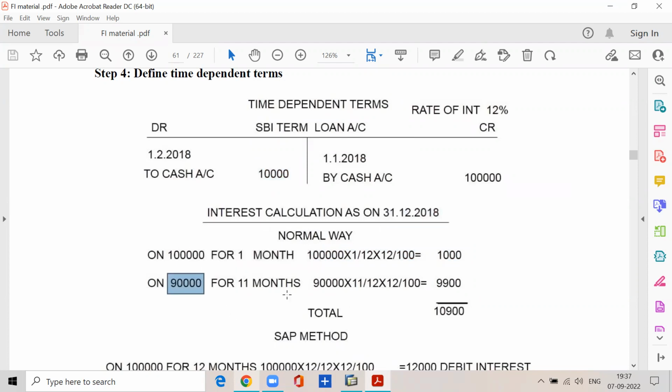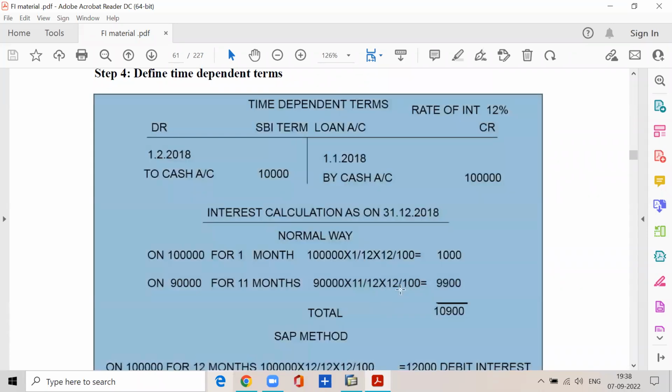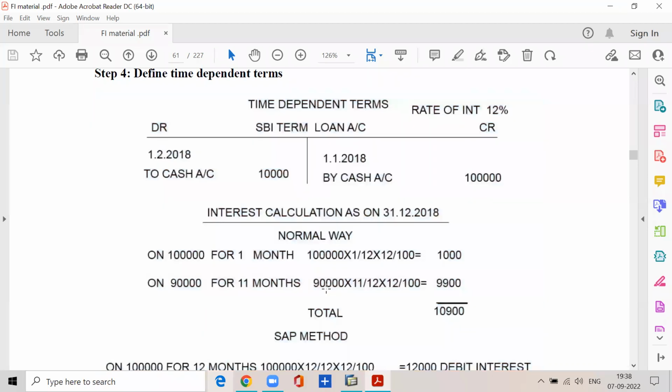So on 90,000 for 11 months, that is 90,000 into 11/12 into 12 by 100, which comes to 9,900 rupees. So the total amount of interest you have to pay is 10,900. This is how we calculate interest in the normal way. I hope it's clear for everybody. If anybody wants, I will explain one more time.